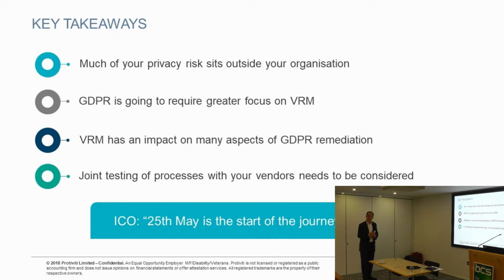Is it from the time that the vendor tells me, or is it from the time that... I've heard multiple lawyers argue this point back and forth, so I don't think it's fully been decided exactly when that clock starts. But it's still going to be important for you to have very, very integrated joint processes, and that is going to require joint testing.